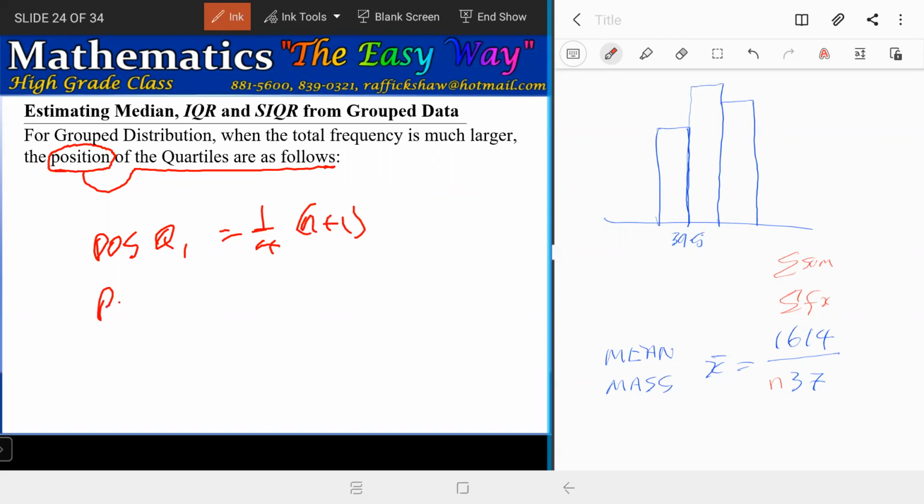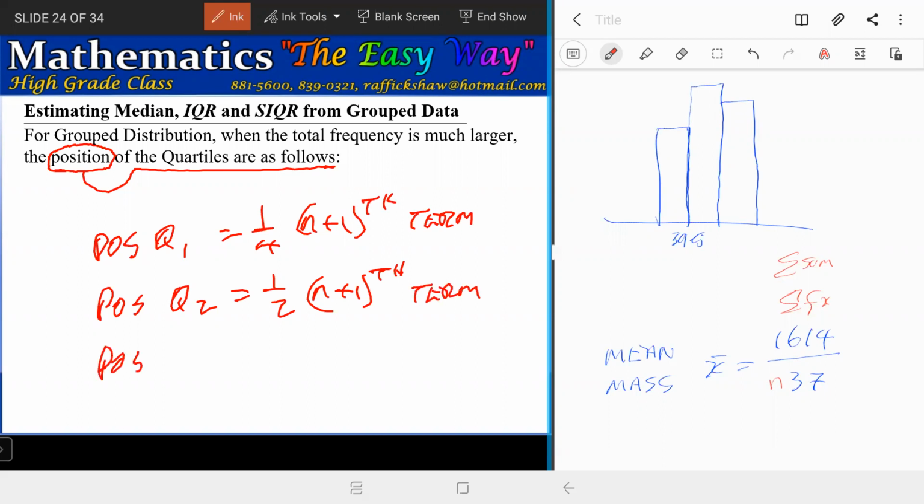And the position of Q2, not Q2 itself, but where it is in the data, was half of the n plus 1 term. That's where it is positioned. And the position of Q3 was 3/4 of the n plus 1 term. That's when the data was raw.